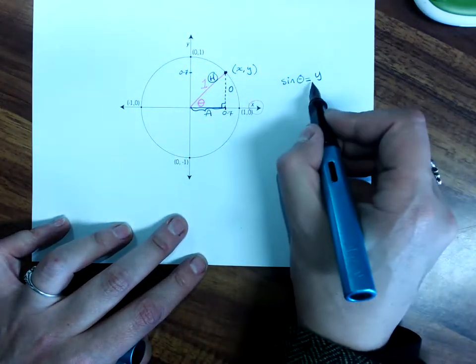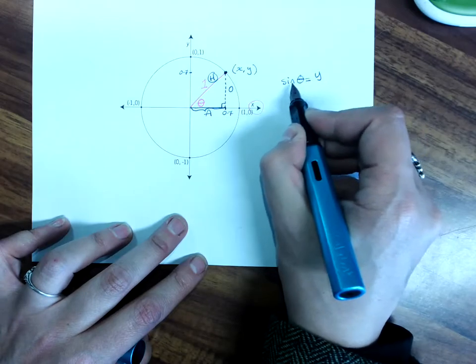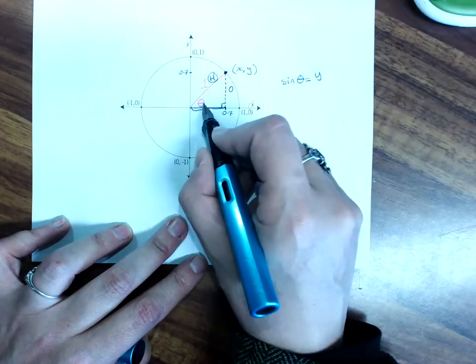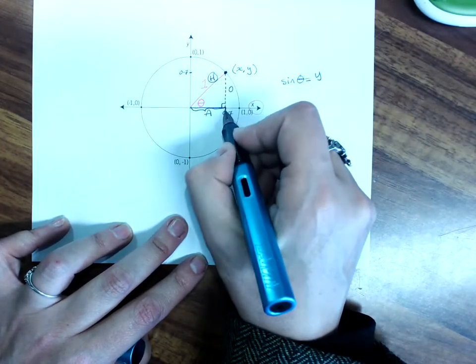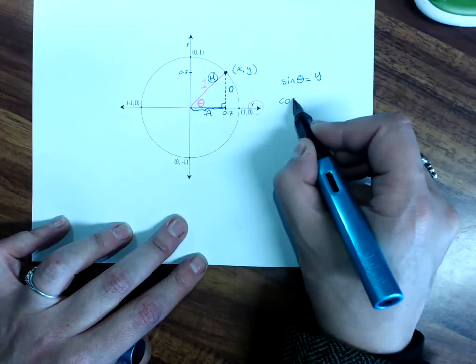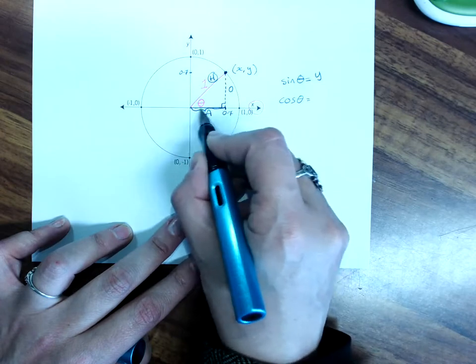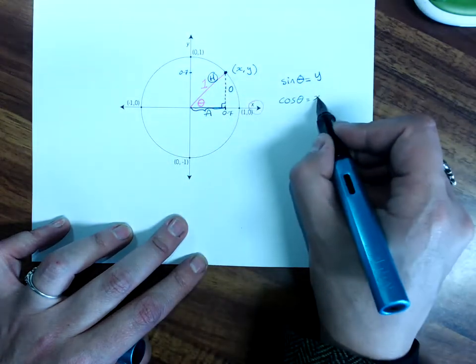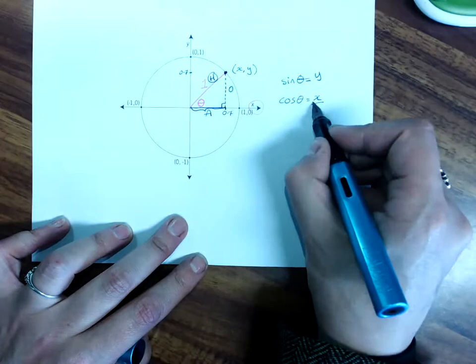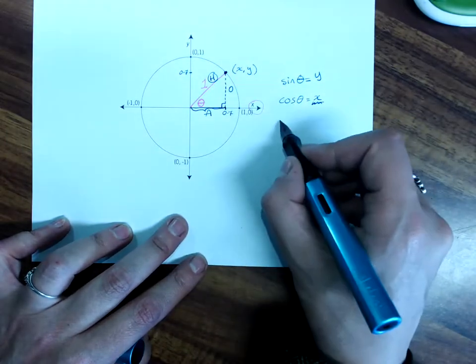That's how sine of the angle here is the y value. Cos of the angle, adjacent over hypotenuse, well, the adjacent is the x value of where this point is, and this is 1, so cos of the angle is x.